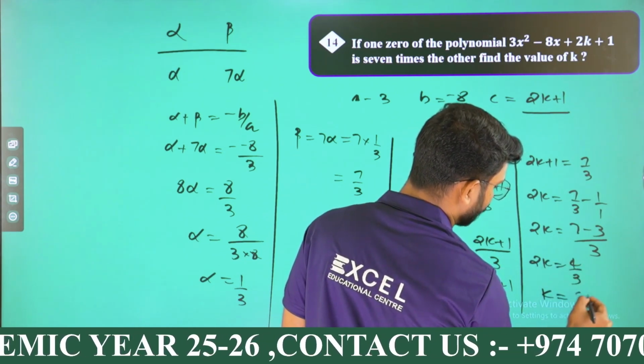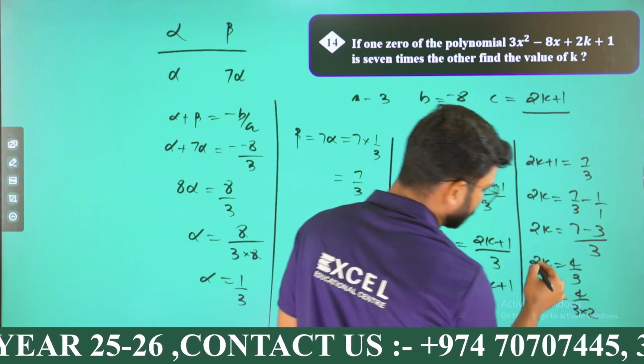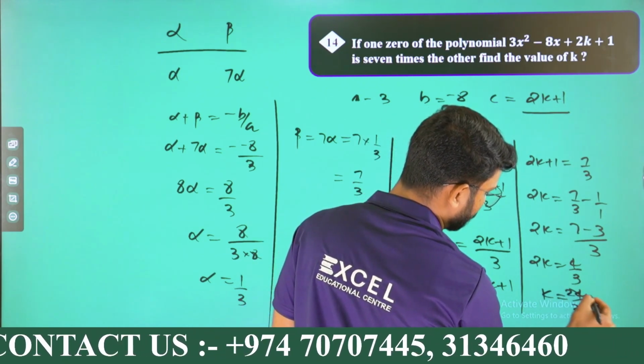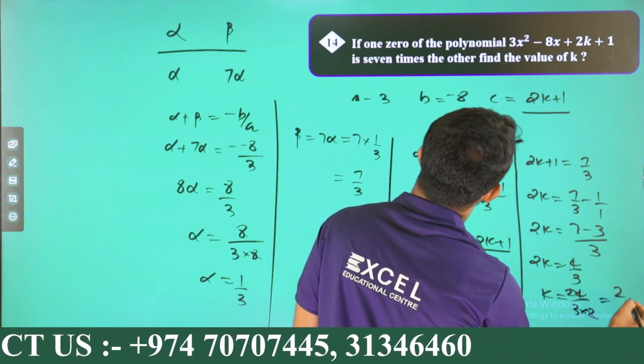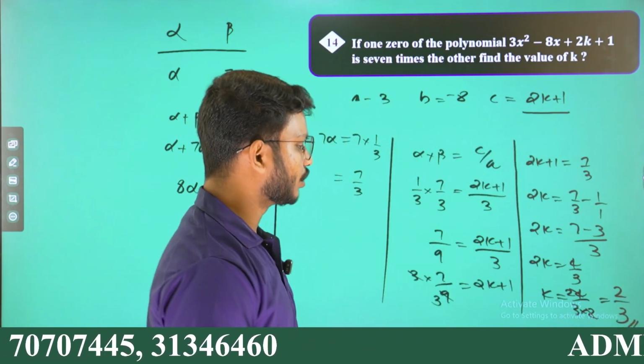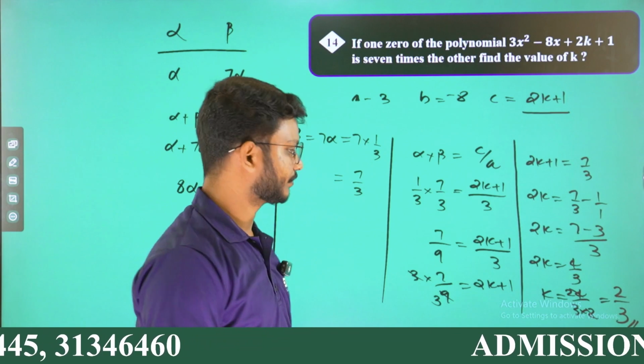So k is equal to 4 by 3 into 2. The 2 and 4 cancel out, so k is equal to 2 by 3 is the final answer.